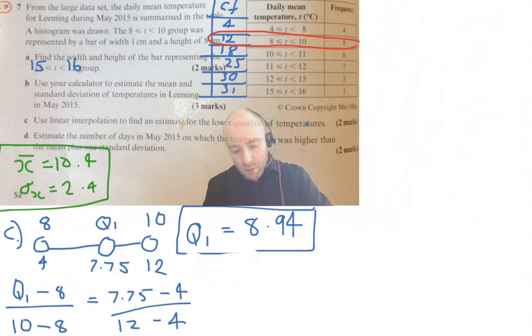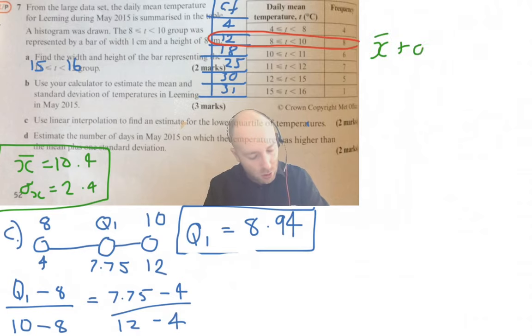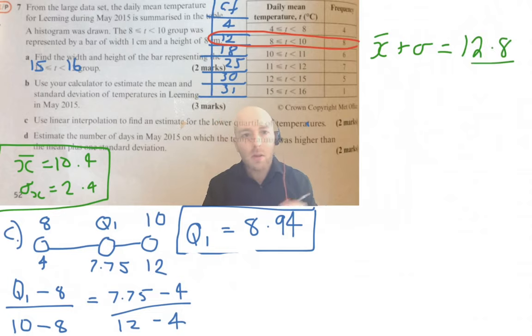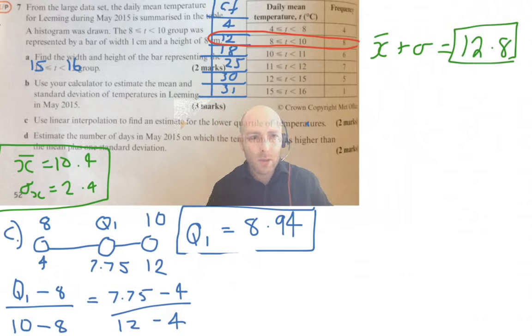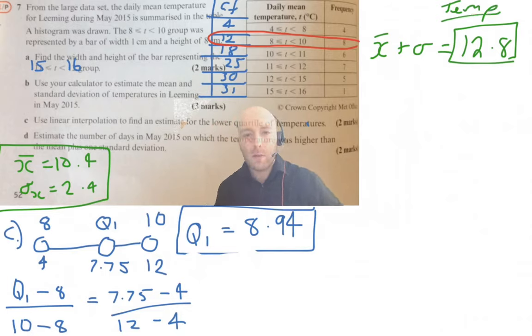Okay, so first of all, let's find the mean plus 1 standard deviation, which will be x bar plus sigma, which should be 12.8. So we're trying to find the number of days where the temperature was higher than 12.8. So let's just write temp there so we don't forget what that 12.8 actually refers to.